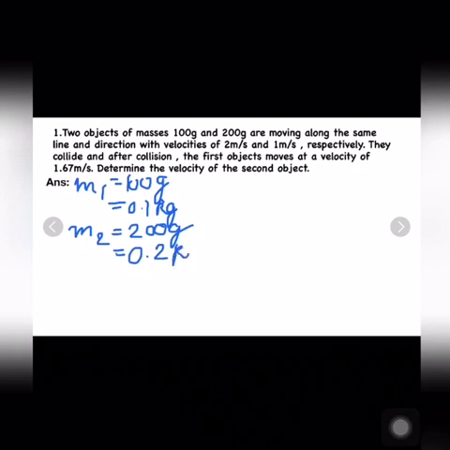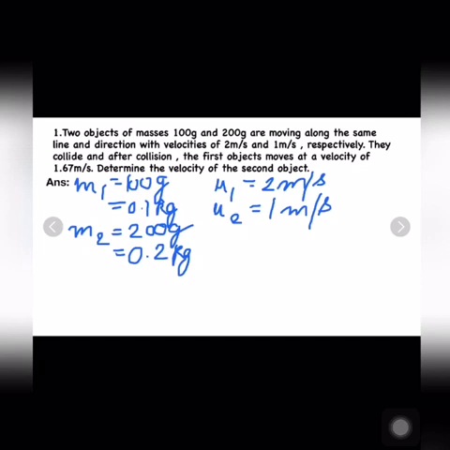You also convert it into kg, which comes out to be 0.2 kilogram. Also, the velocity of first object before collision, that is u1, is equal to 2 meter per second. And the velocity of the second object before collision, u2, is given as 1 meter per second.